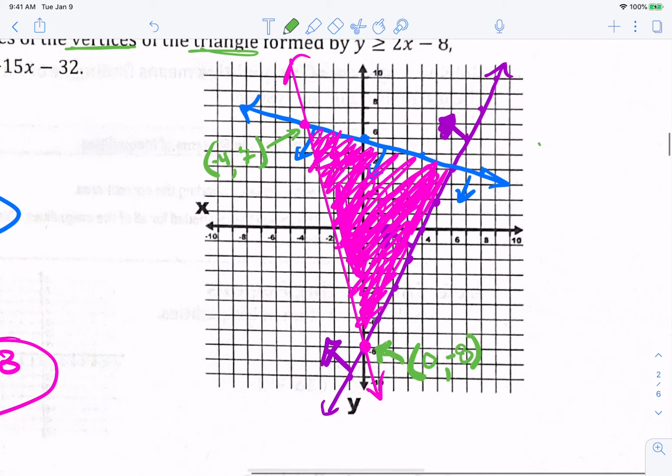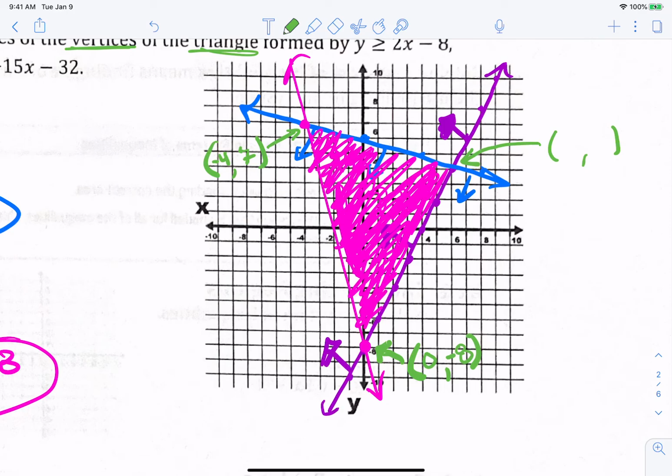Okay, now, what about this guy? I don't like that one either. We don't really know where he crosses. I could take a stab, but I don't know if that's exactly where they cross. It kind of looks like maybe 6, comma 4. No, it's like 3. I don't know where he crosses.